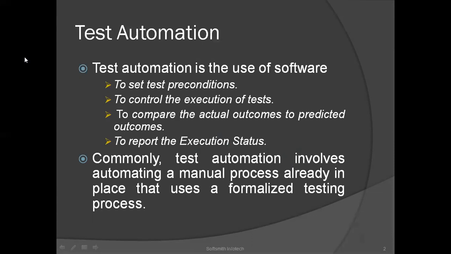So the same test case, you are repeatedly doing the same thing over and over, right? In that case, you are wasting some of your time doing the same boring stuff, and you will not get interest to do the same thing again and again.